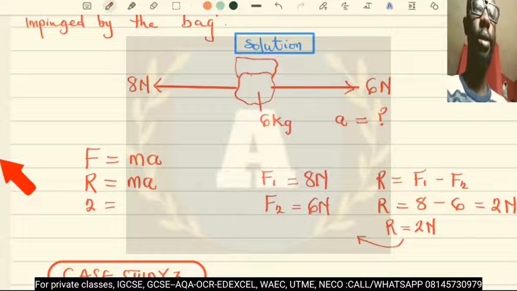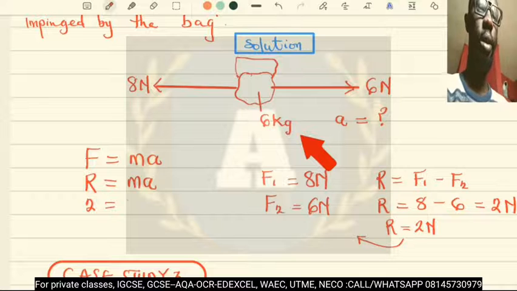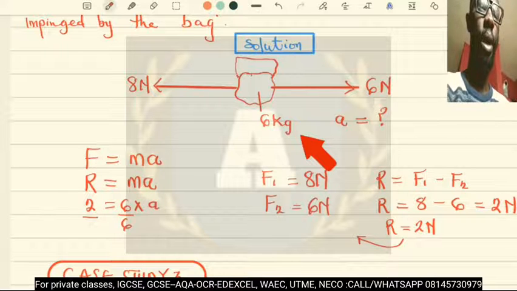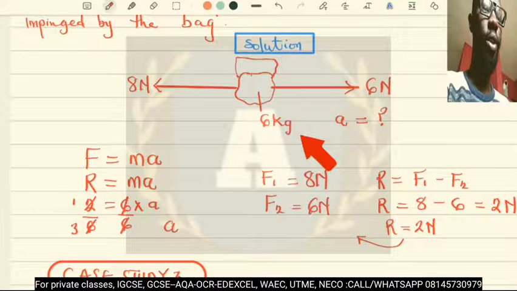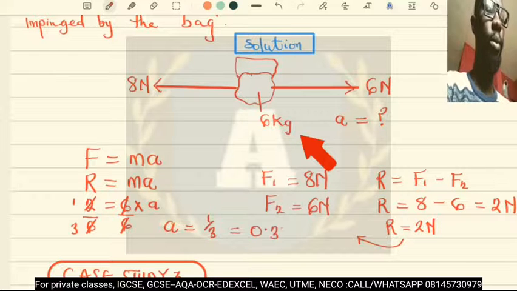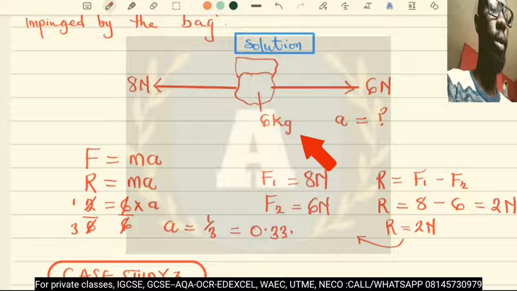The mass of the bag is 6 kg, and the acceleration we are meant to calculate. Then we divide both sides by 6. So 6 cancels 6, 2 over 6 is 1 over 3. So the acceleration is 1 over 3, which is equivalent to 0.33 meters per second squared.